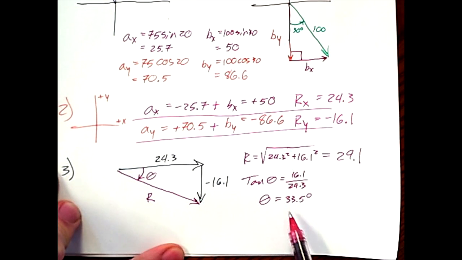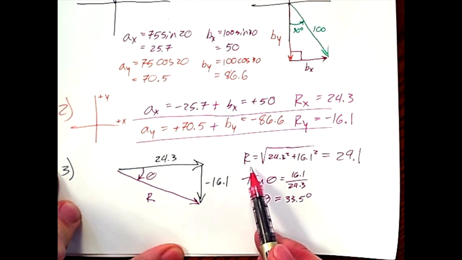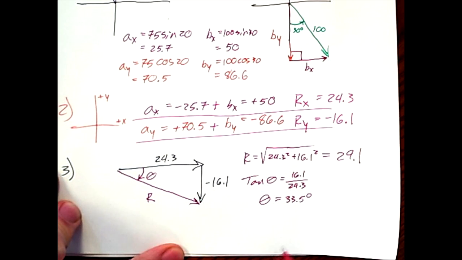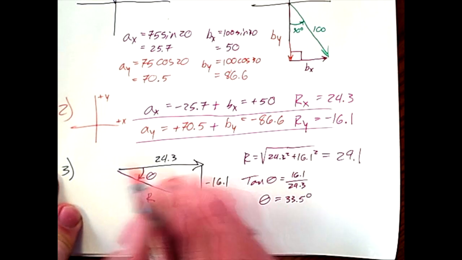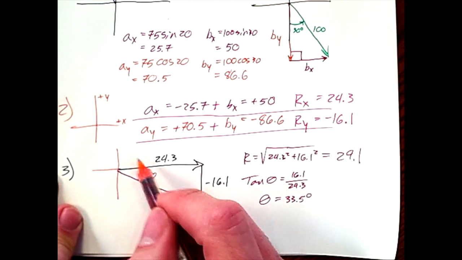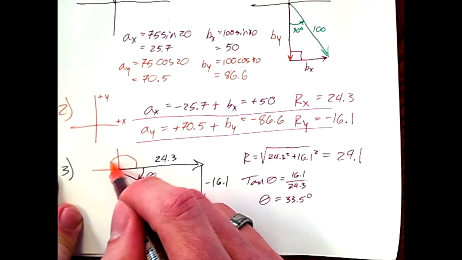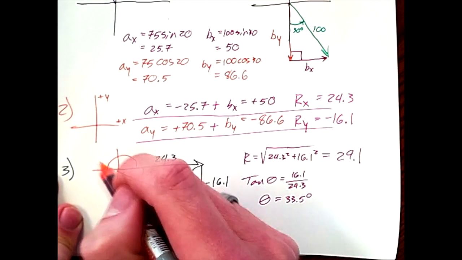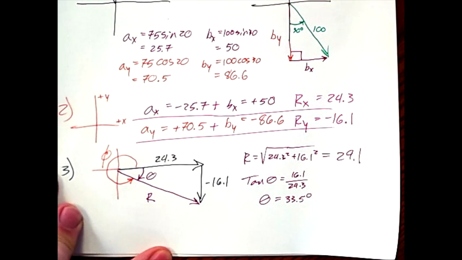But 33.5 degrees is not the direction of R, because 33.5 degrees is in the first quadrant. And so I need to be a little bit smart about what's happening. If I think about the axis, 0 degrees is over here, and the angle is all the way around like this. Let's call that phi. There are a number of ways to think about it, right?